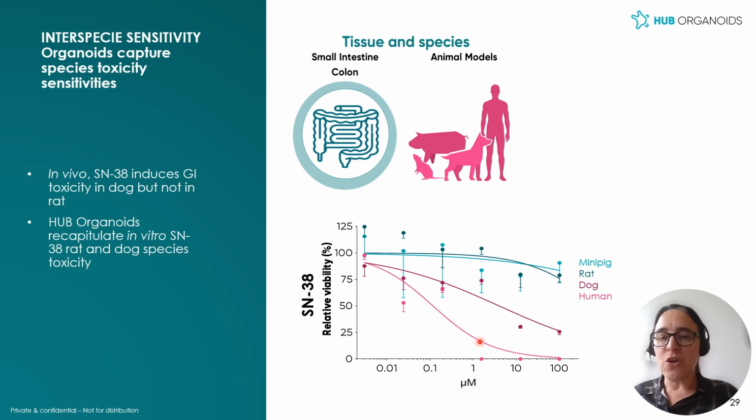But it was also known that while dogs show some sensitivity to SN38, this is the active compound of irinotecan, for those that are not familiar, dogs are also sensitive to this compound and show toxicity in their intestines. Some species of rat do not show any sensitivity and any response to this compound.